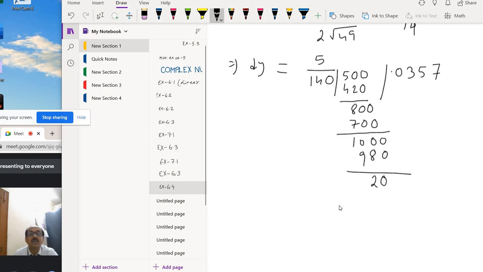Now this equal to 3 places of decimal. That means we can write 0.036, because 7 is greater than 5, so 5 plus 1 is 6. So dy is equal to 0.036. This is dy.